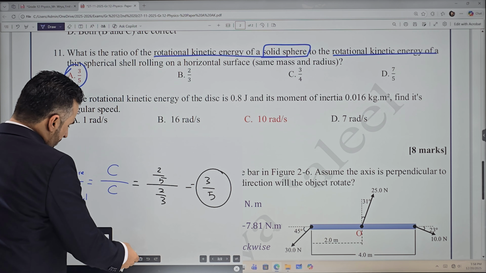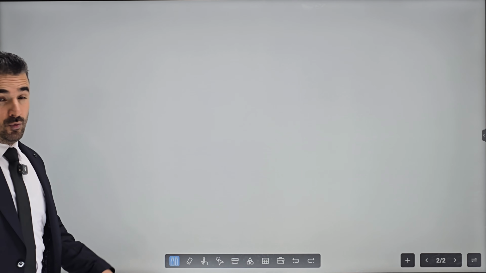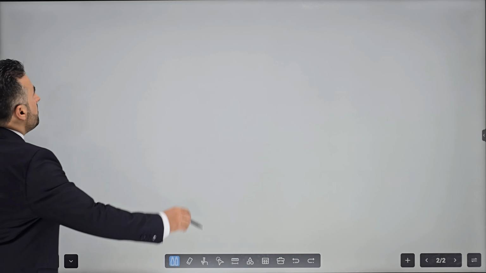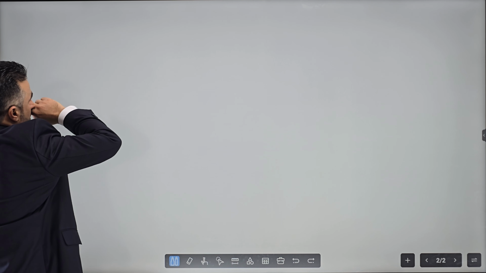But up to this point, you might wonder, why do we need to use this? Or where does this come from, that if I have kinetic energy of translation, you can write 1 instead, and if you have kinetic energy of rotation, you can just write C instead? Well, it comes from this. You remember the first question that we had.